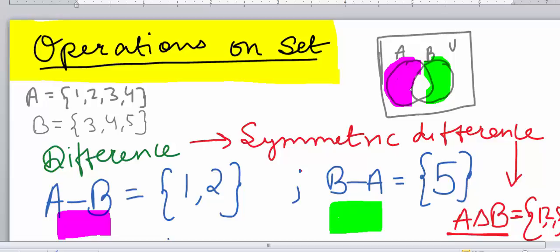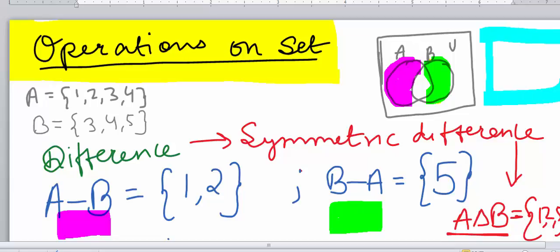and you can see that using a Venn diagram, it is both of these portions. We can draw something new for it.